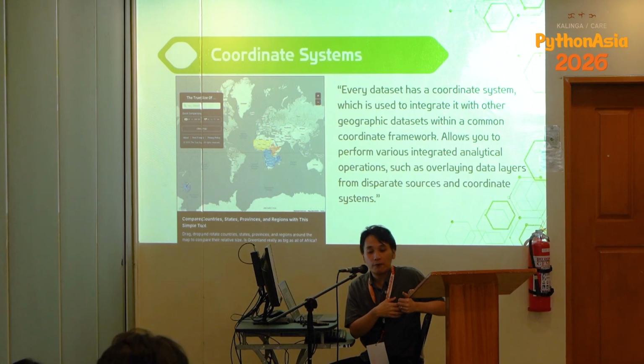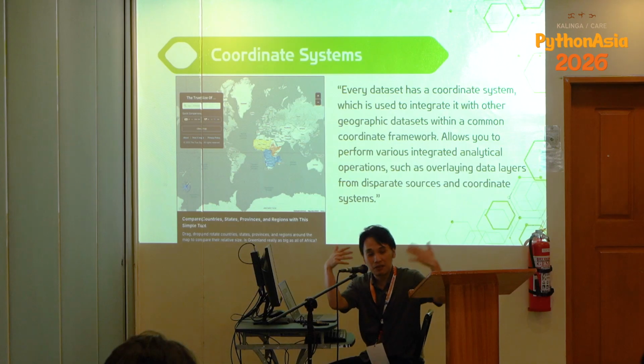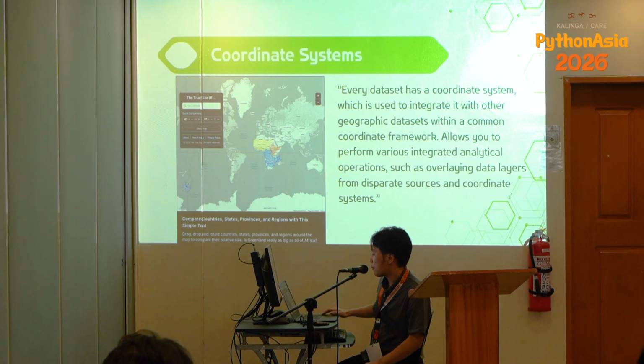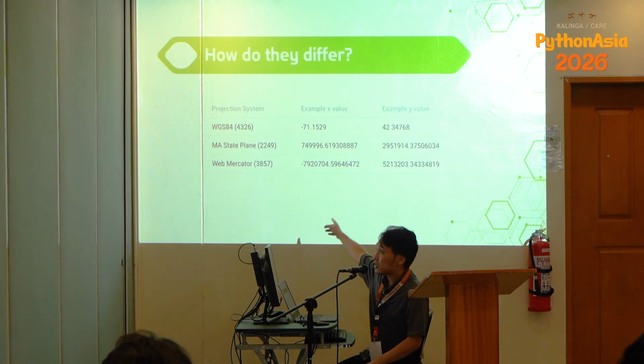So for example, if you're going to get data in latitude, longitude, and you have data in meters or kilometers, you want to transform it first and do your analysis there. Again, which one to use? It's more of the slide here. So I just want to highlight this.